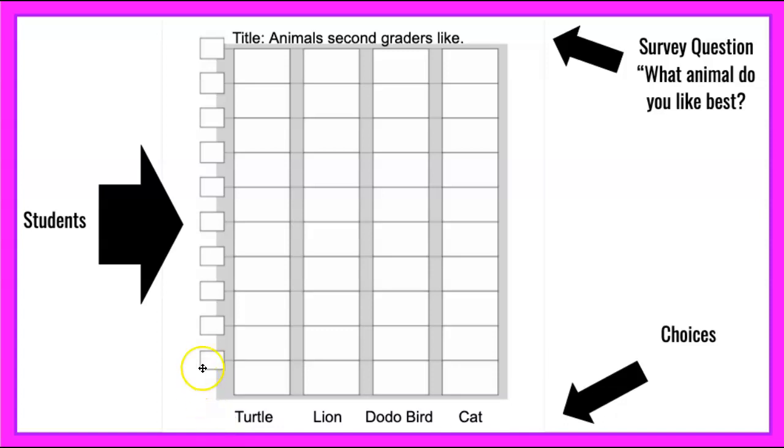Now we have 10 boxes, and we didn't have any animal that was chosen by more than 10 students. So we can just number from the bottom to the top by ones, and every bar on our graph will just represent 1 student. So let's see what that's going to look like.